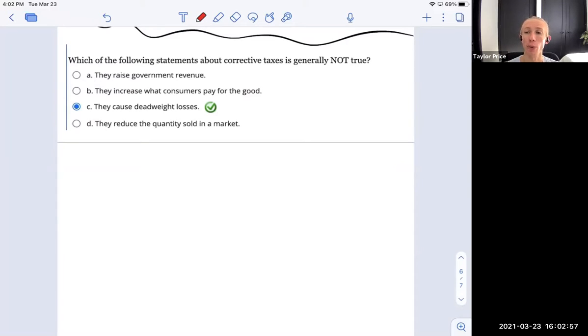The really important thing is, and we talked about this in the lecture as well, just remember that corrective taxes do not cause deadweight loss because they are fixing a negative externality in the economy. Corrective taxes are basically designed because the current production in the economy is greater than it should be. So the tax is basically just knocking that back to where the production should be.